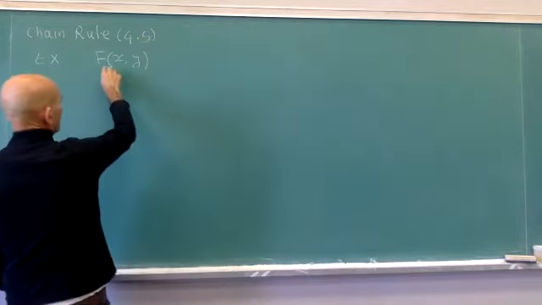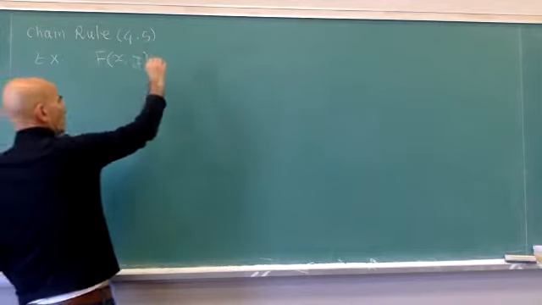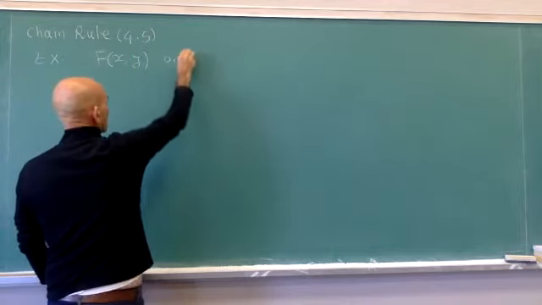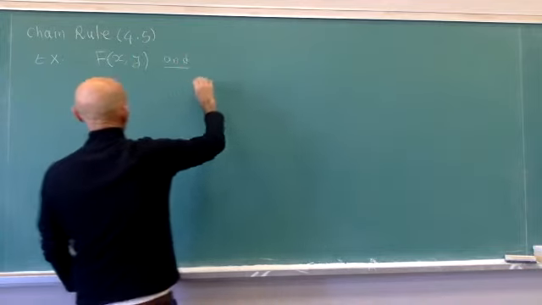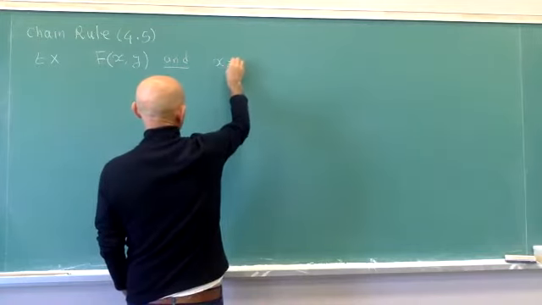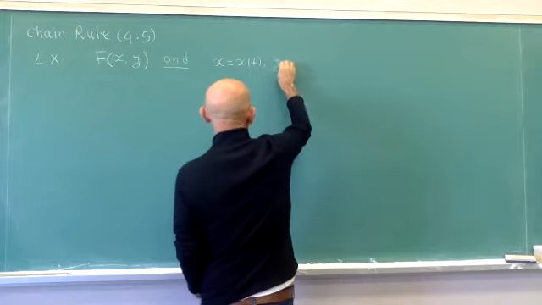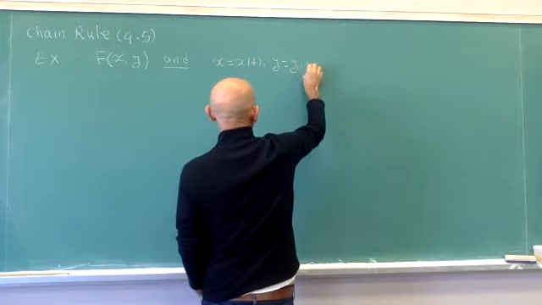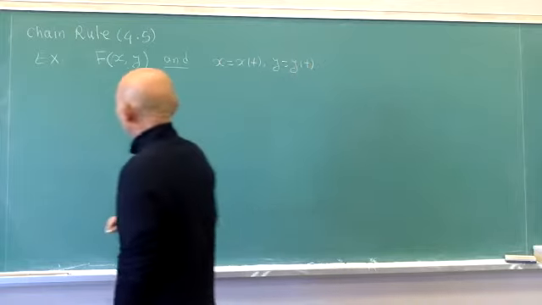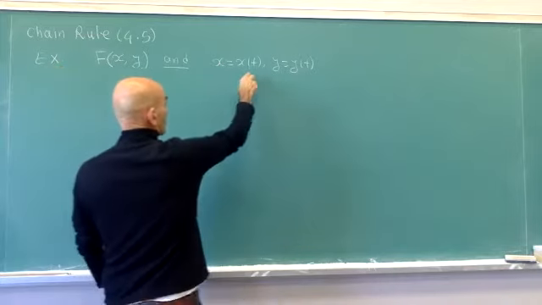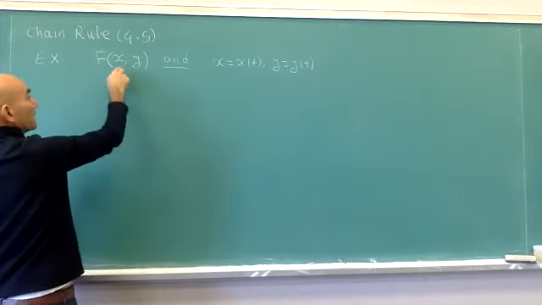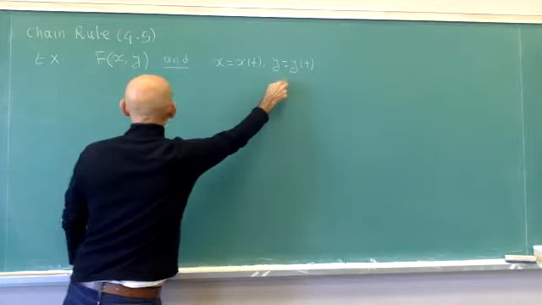So this is a function of two variables, this is fine, but then there is an extra bit of information that x is equal to x of t, and y is equal to y of t. So these are functions of t, so you can replace x and y by the values here.